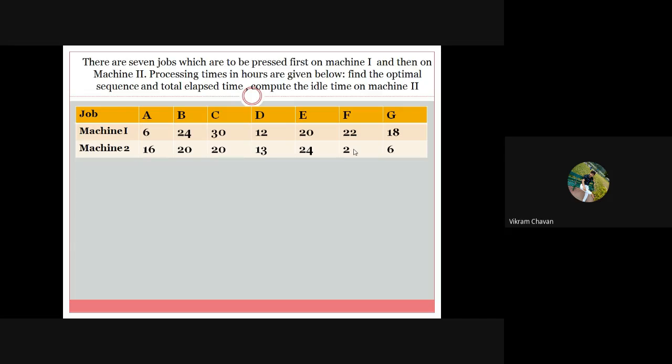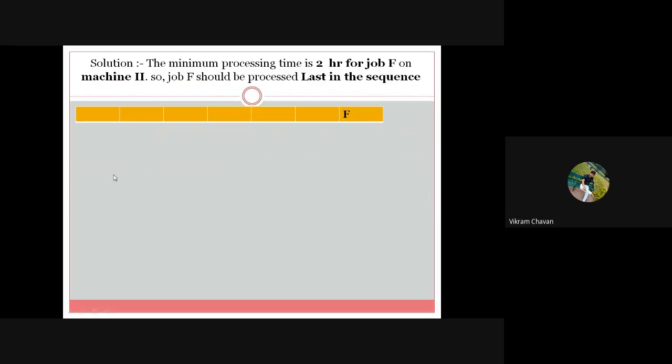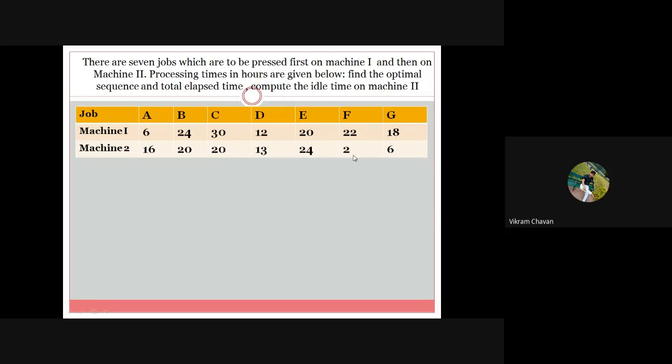So you have to prepare one row having 7 blocks for the 7 jobs. Job F has the lowest processing time, but that processing time is related to machine 2. Then we have to provide the last priority in the sequence.